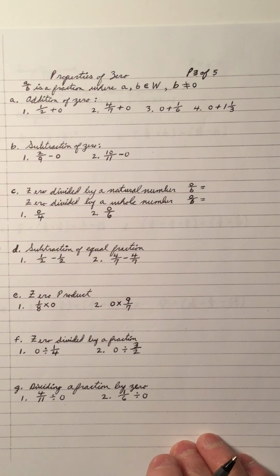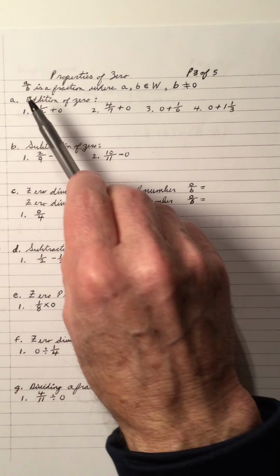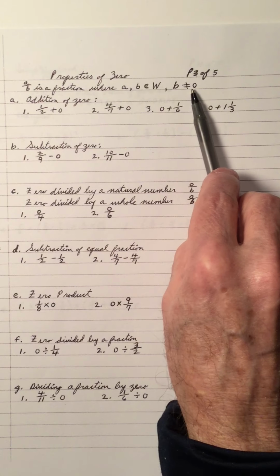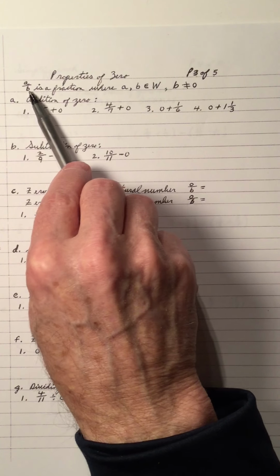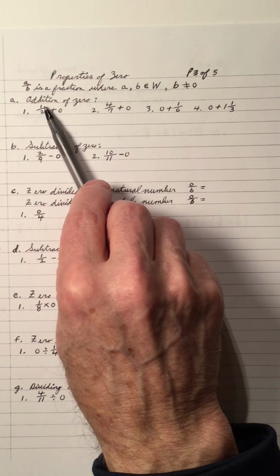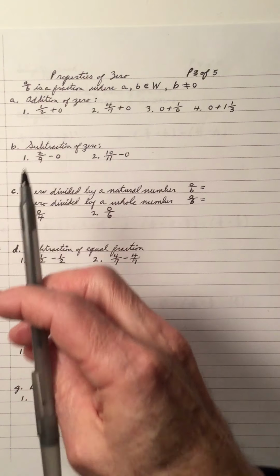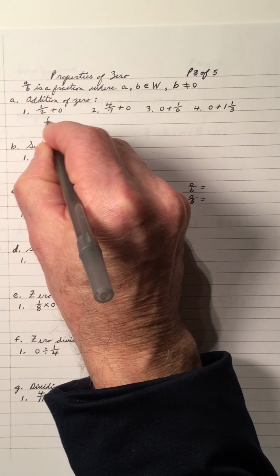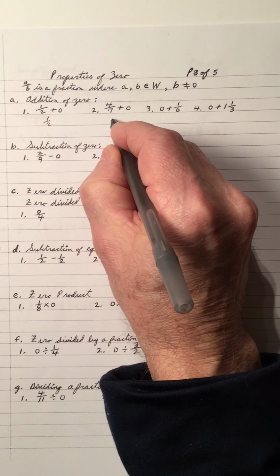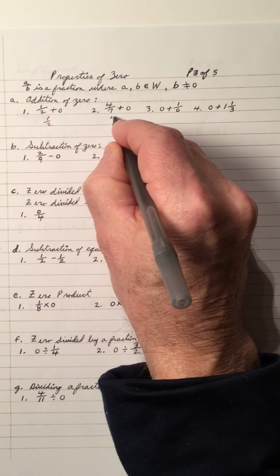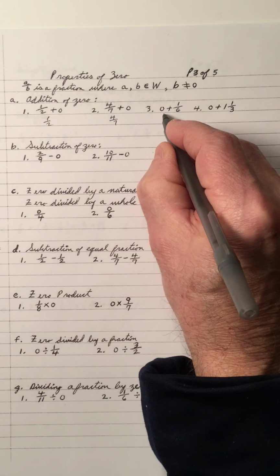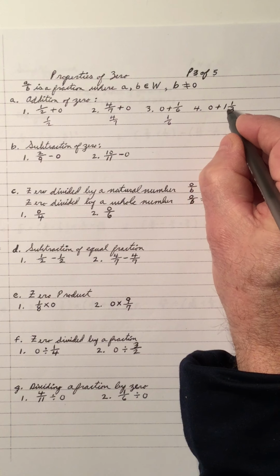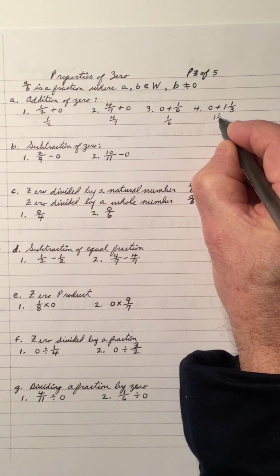Let's look at some of the properties of 0. a over b is a fraction where a and b belong to the whole numbers and b is not 0. Remember, b is not 0 because you can't divide by 0. Addition of 0. If we take a half and add 0, we get a half. If we take 4 over 7 and add 0, we get 4 over 7. 0 added on 1/6 is 1/6. 0 added on 1 1/3 is 1 1/3.